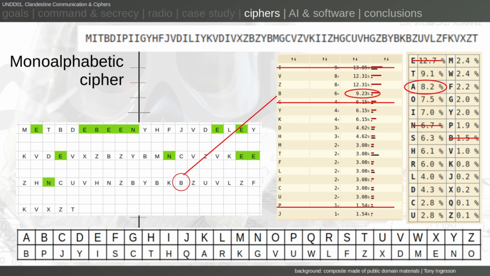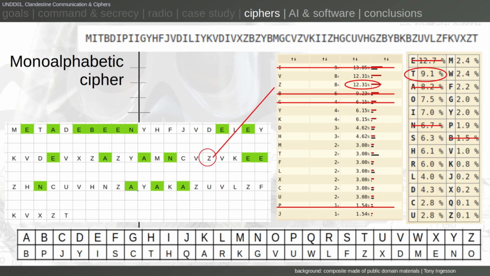And sometimes in a short message like this, you cannot expect to have exact correspondence between the frequency in the crypto text and the frequency in a longer text, which is what the real alphabet would show. So in this case, we'll try to see if B might actually be A, because they are quite similar in frequency. And then we'll input that.